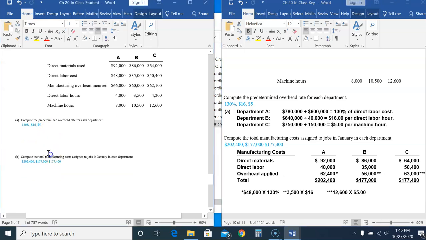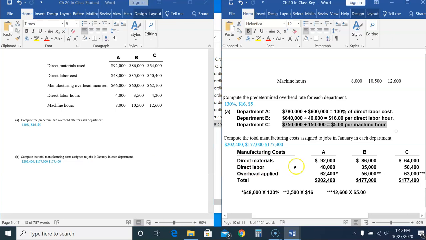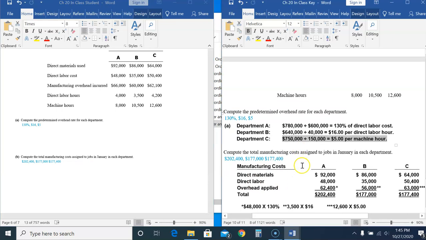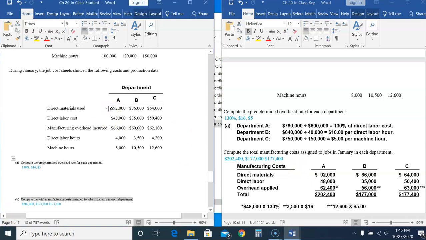Now that we have the predetermined overhead rate, we are going to assign or allocate the amount for each department during the month of January. In Department A, total cost incurred will be the direct materials, the direct labor, and then the amount of overhead that is applied.